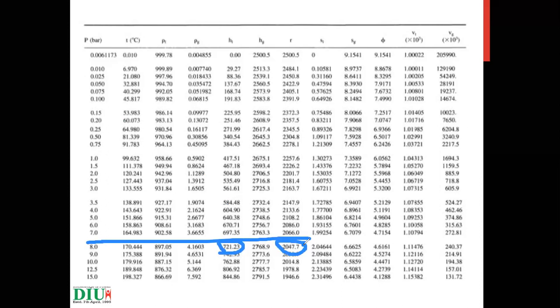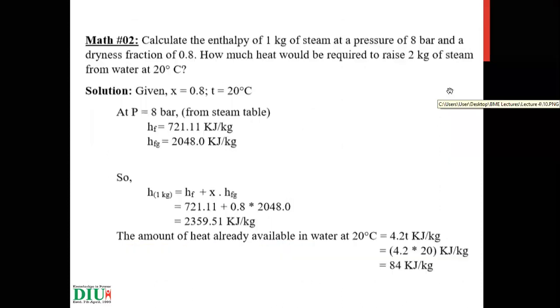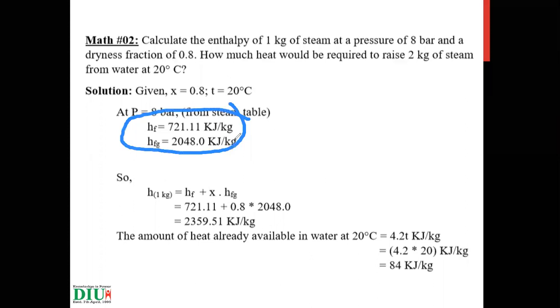So we are taking the sensible heat and the latent heat from the table. Let's get back to the slide one more time. We are taking the values from the steam table and putting them into the equation. We are getting this. Okay, so this is from 0 degrees Celsius, my student. The sensible heat is 721. This is from 0 degrees Celsius.